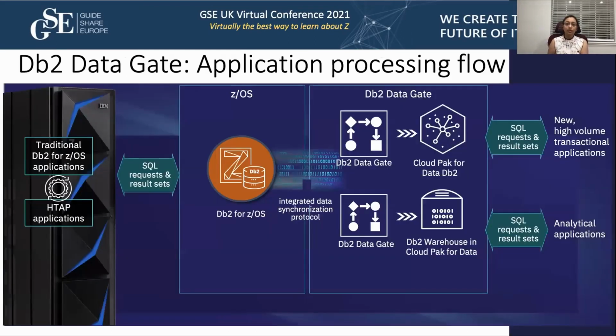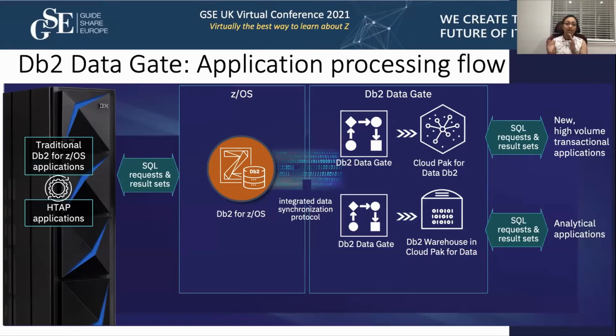So a quick overview of how this is designed or architected is on the left side. You see the traditional applications, the ones that exist today, and HTAP applications running undisturbed, and they are still able to access data on Db2 for zOS using the way they usually do, SQL requests and result sets passing back and forth.